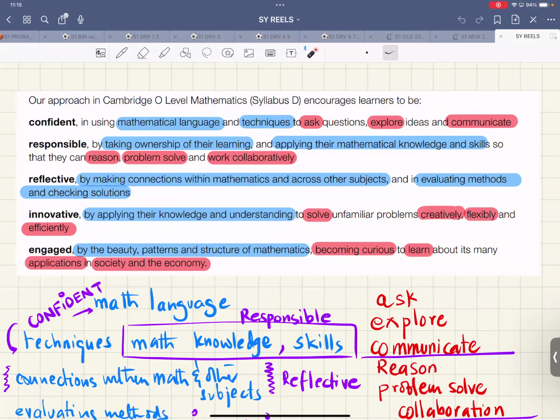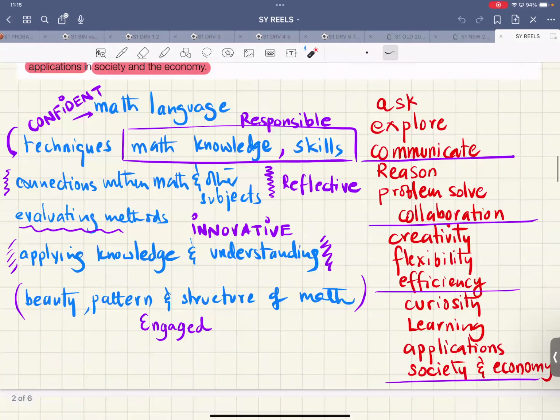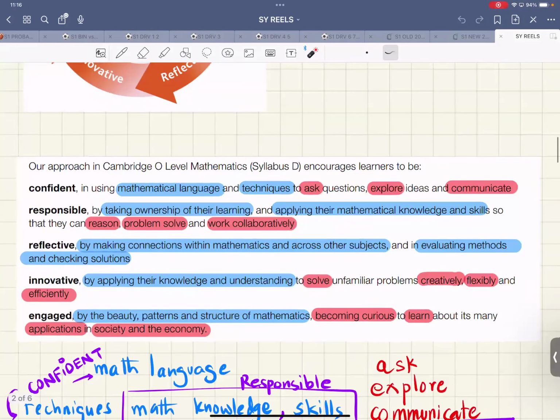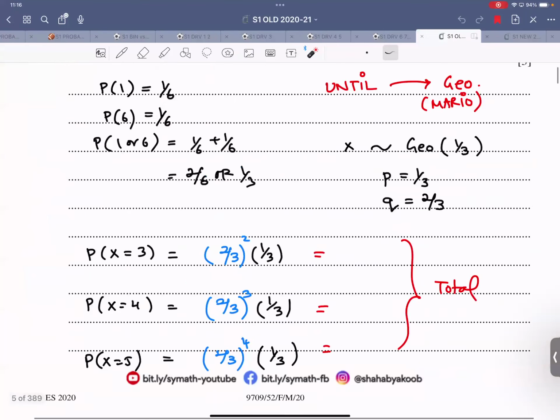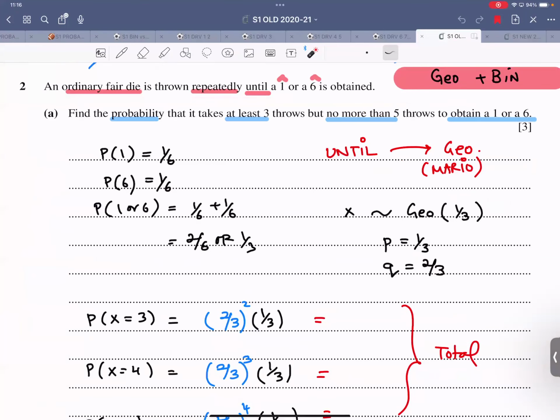So these are the objectives that Cambridge wants to develop in you. I just broke it up into 2 parts. The blue part is the things that they want you to understand. The red part is the things that should be developed. Now coming back to this question, this first line was about that curiosity, that creativity, that understanding, inference.